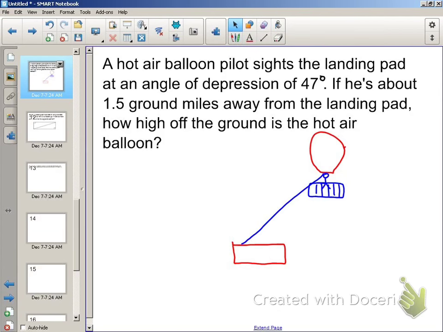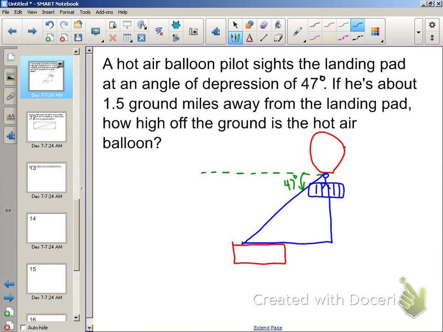So remember, the angle of depression, he was looking forward, now he's looking down at 47 degrees. If he's about 1.5 ground miles away from the landing pad, so that means from the landing pad, or where he's looking down, is 1.5 miles. How high off the ground is the hot air balloon?